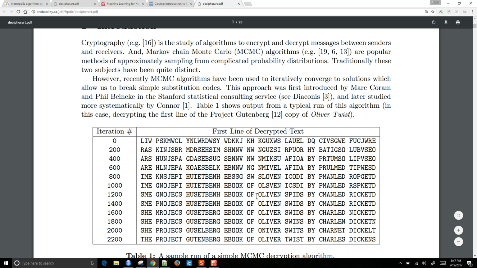And then as we get closer and closer, this is pretty close, okay? Except it's got an S instead of a T here, and it's not the Project Gutenberg, it's She Projects Gutenberg, so it's not quite correct, but it feels somewhat right, even though it's wrong. And then we get to the spot that we're looking at, okay?